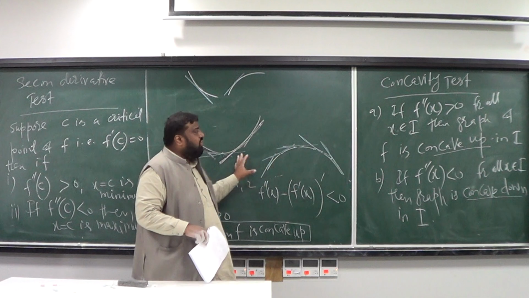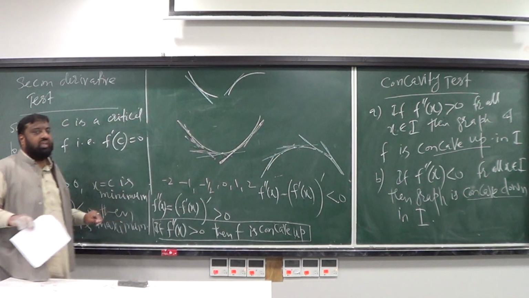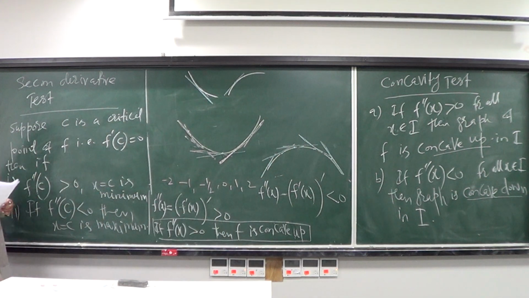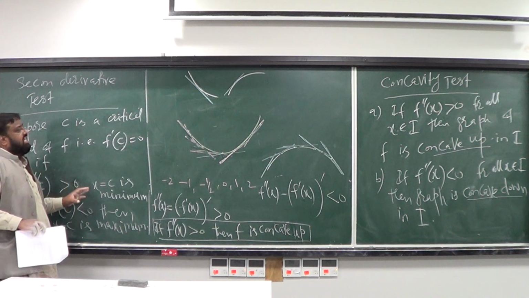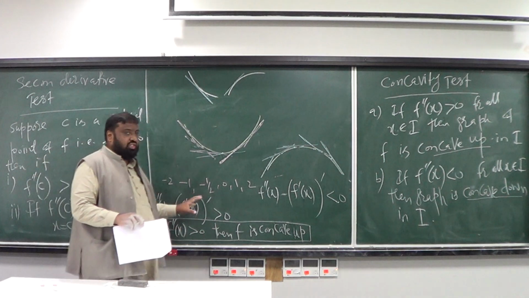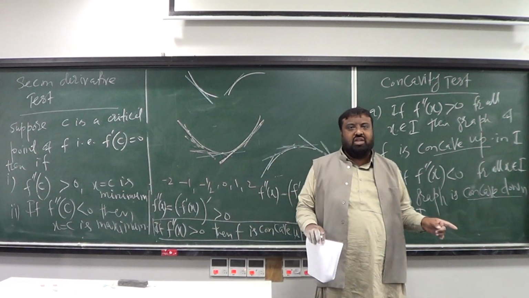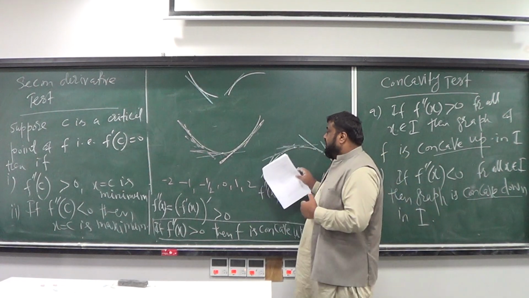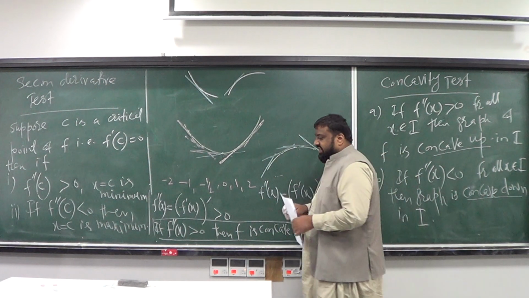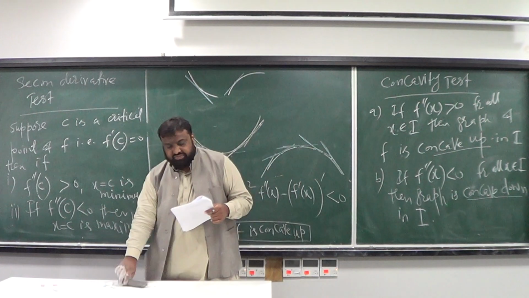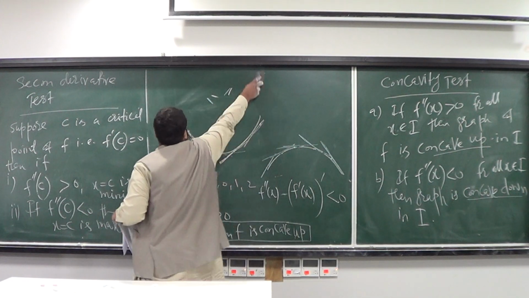So concavity also plays an important role. Let's do two things. Number one, let's apply the second order derivative test to a function and try to make the graph of the function using the concavity test and the second order derivative test. So let's do this example.